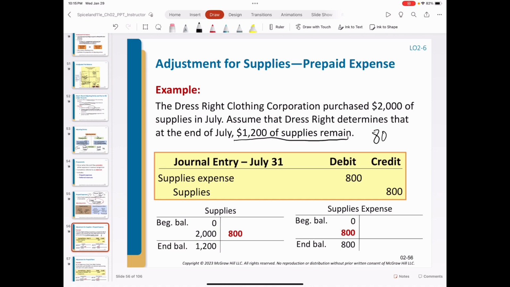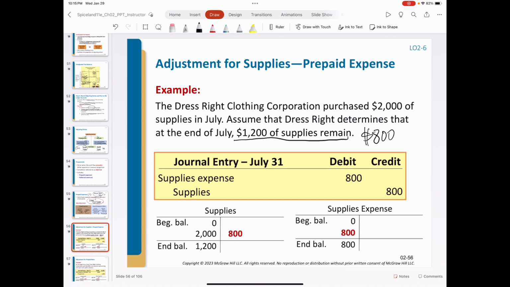That indicates the company used up $800 of supply. See, in this transaction, there are no external parties involved. So we need to identify this consumption, the reduction of the assets, and recognize the expense.